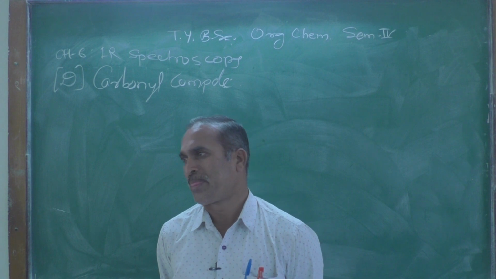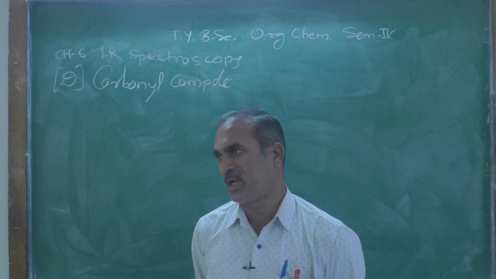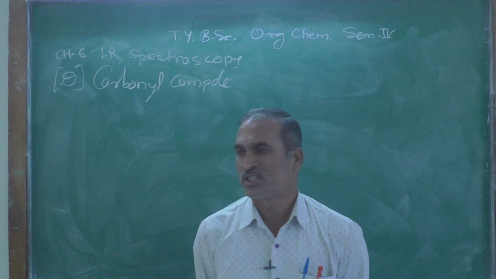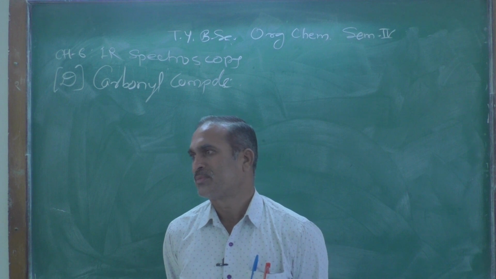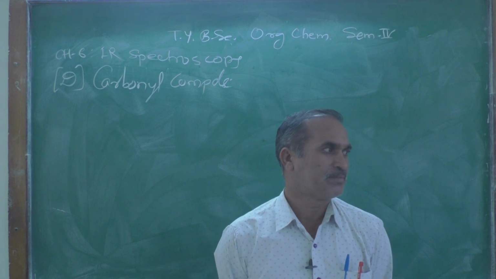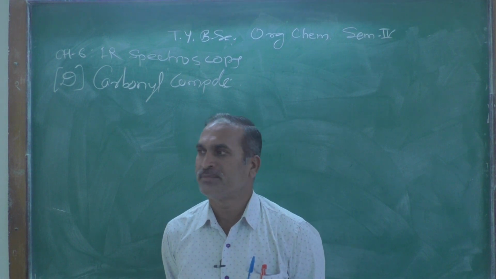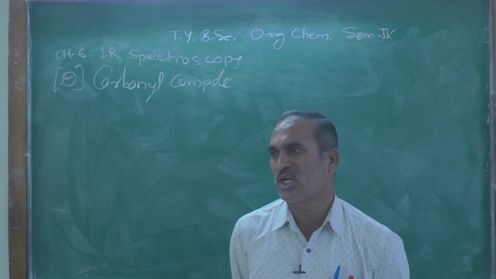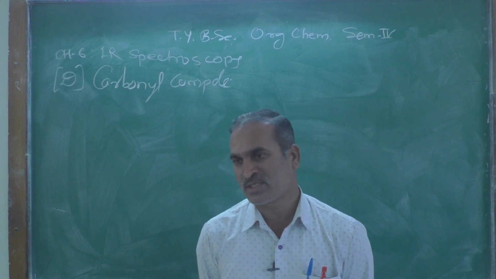That is a clear indication of the presence of a carbonyl group, because if you observe the spectrum of an organic compound which involves a carbonyl group, the spectrum very clearly shows a very strong band or peak or signal appearing around 1700 per centimeter, recognizable by its size and shape.